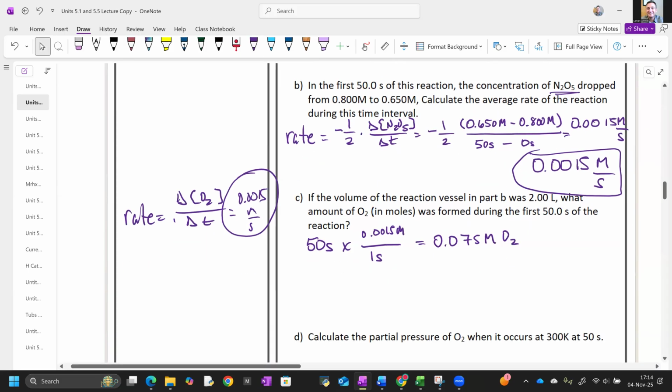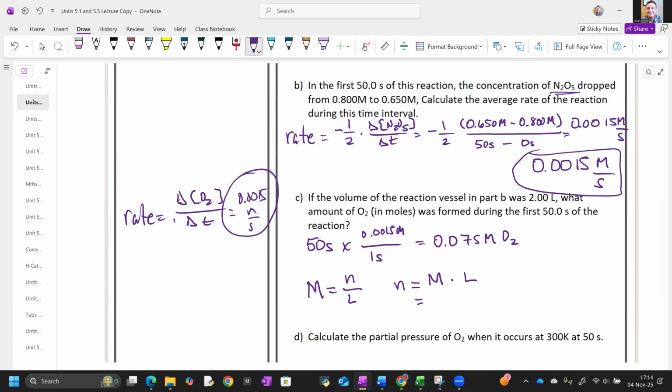Fortunately, we have a resource sheet that helps us convert between concentration and moles. If you notice on your resource sheet, you have this equation that says molarity is equal to moles per liter. And what we need to do is solve for moles, represented by the variable N. So N is equal to concentration times volume.